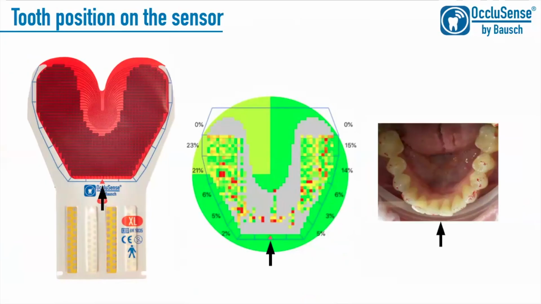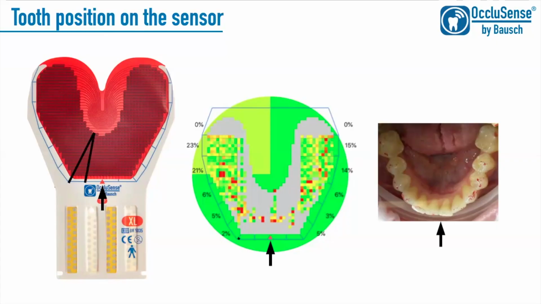So you need to ensure that when you insert the sensor into your patient's mouth, this triangle or line is in line with the midline in your patient's mouth. Once this is ensured, you can deduct this information from your OccluSense reading as well. As you can see, the red triangle has also been added into the reading.